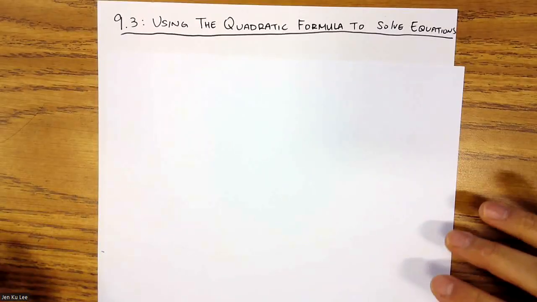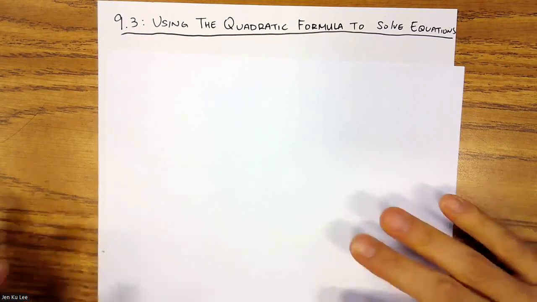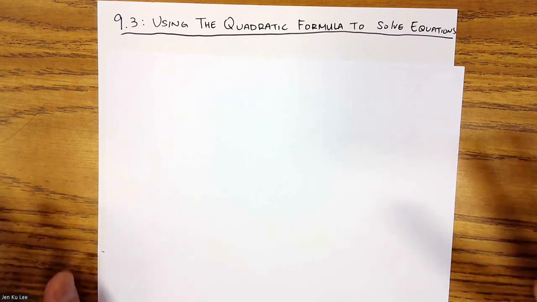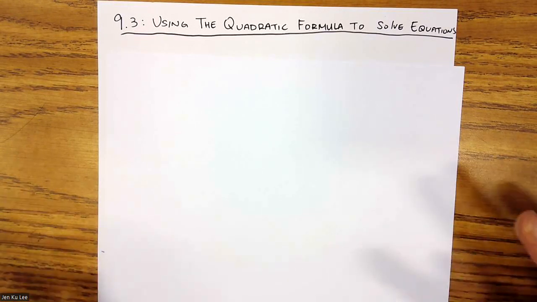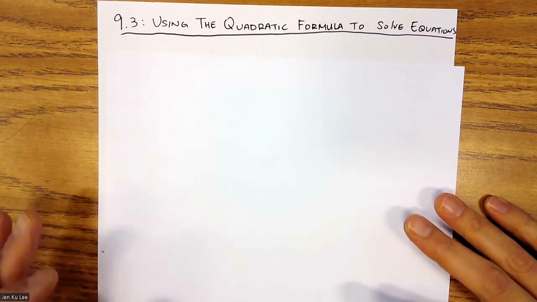Welcome everyone. This is 9.3, using the quadratic formula to solve equations. So we learned already how to solve equations using factoring, right? That's not going to go away. That's module 8, right? That's not going away. We're just adding something.